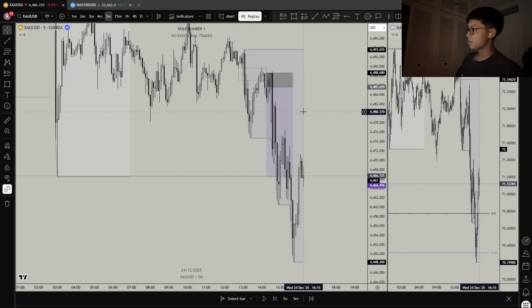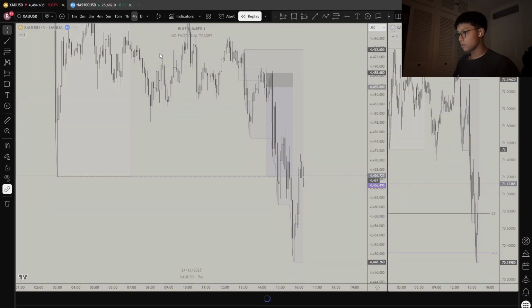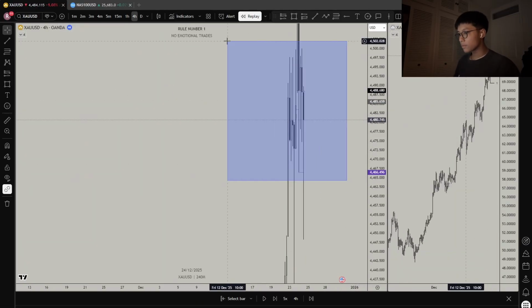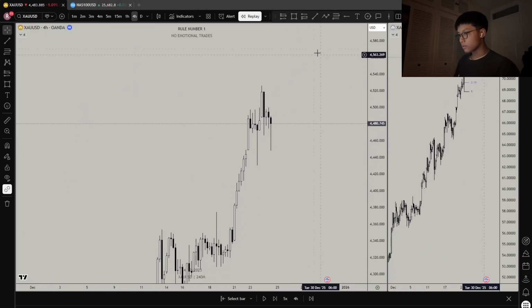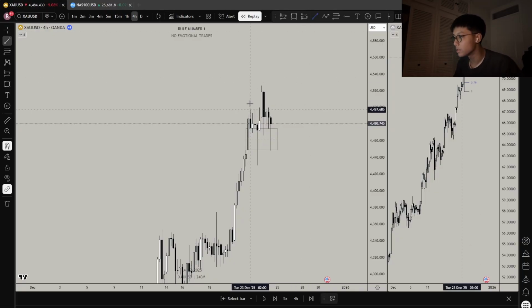All right, so let's just get down to the higher time frame. Yeah, so as you guys can see on the 4 hour, we were respecting this bullish fair value gap, and we've also taken this buy side liquidity over here.